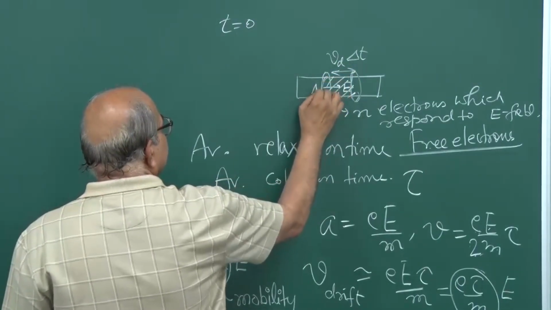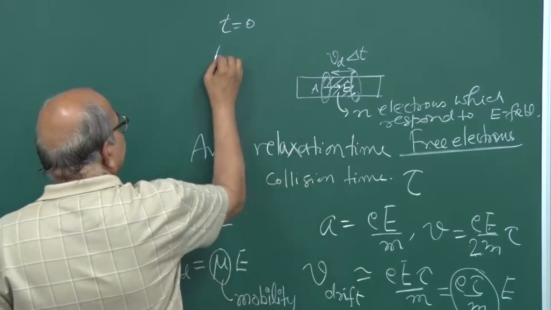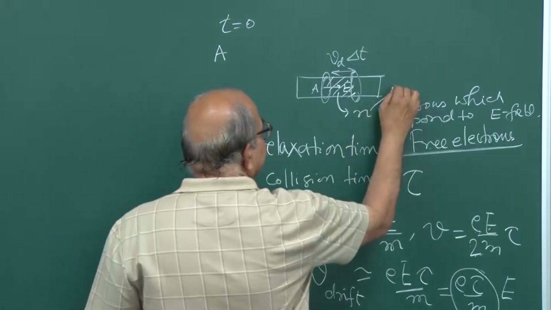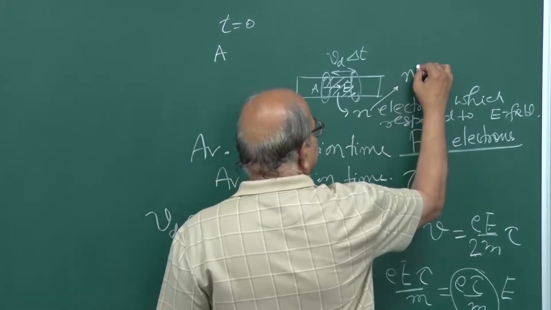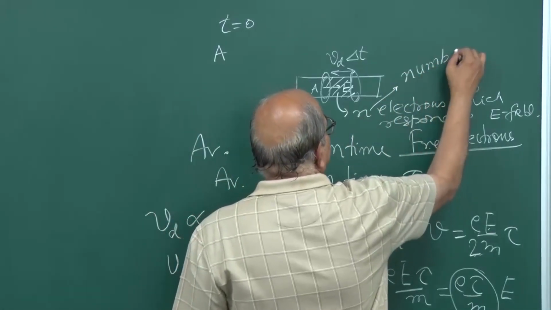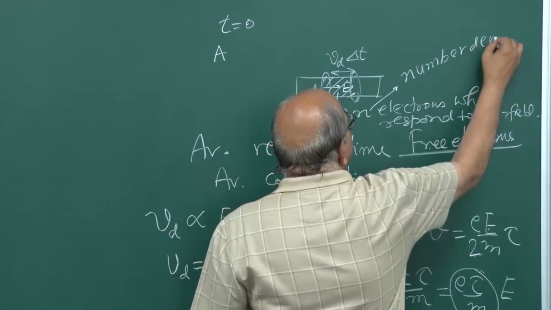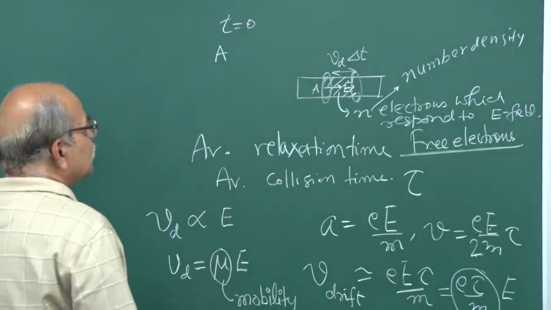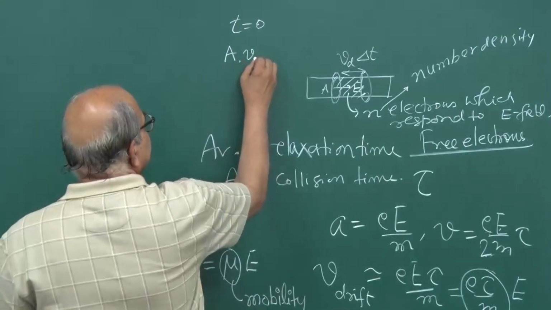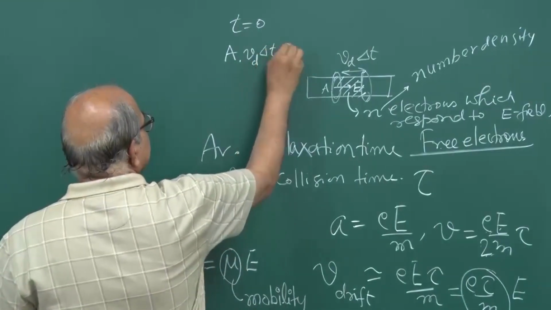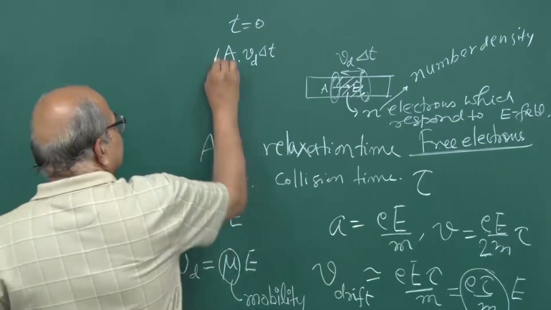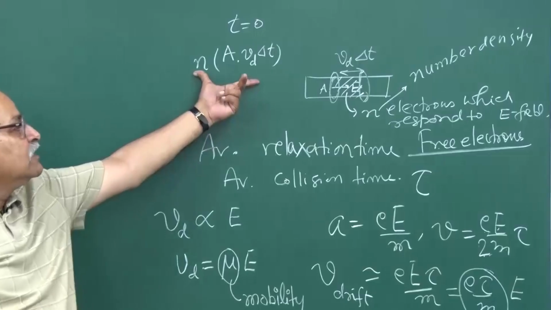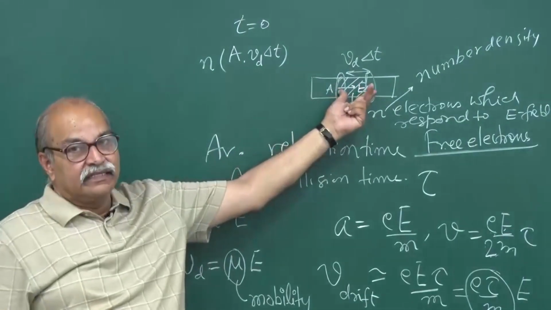So if this cross section is A, then A multiplied by this is the density. This is the number density, the number of these electrons per unit volume. So A times Vd times delta t is the volume, and this multiplied by n. So these many free electrons are here.